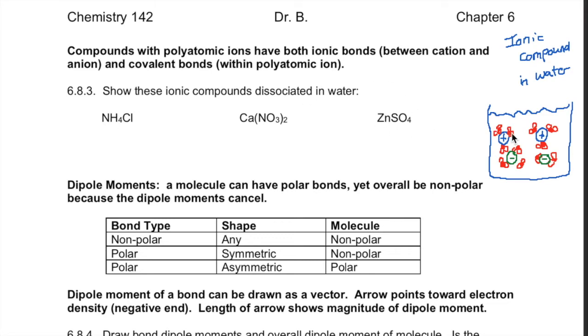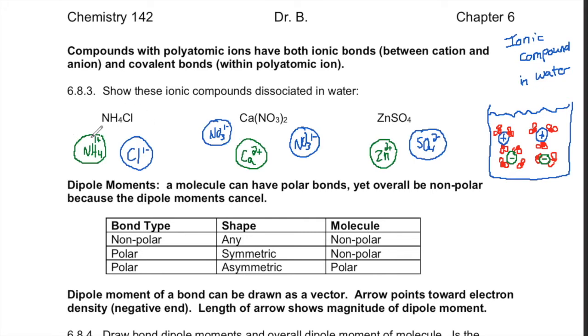When ionic compounds dissolve in water, we'll learn more about this in chapter 9, but the ions get solvated by the water. And so the cations and the anions separate from each other, they dissociate, and they get surrounded by water molecules. These red things are water molecules, and then we have some blue cations and some green anions.